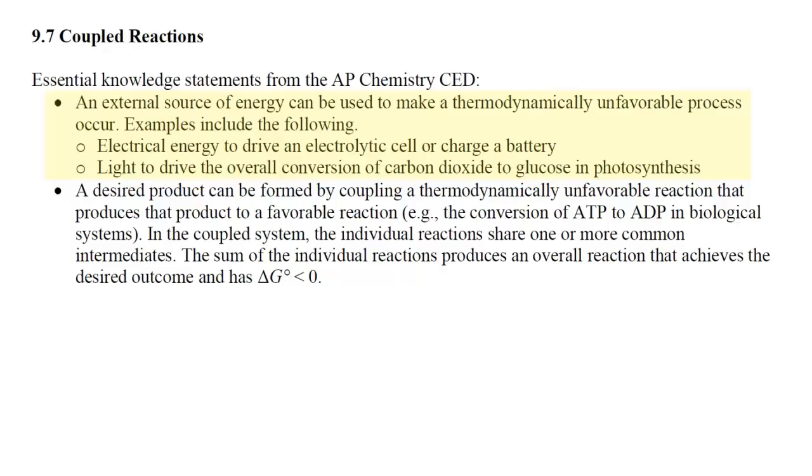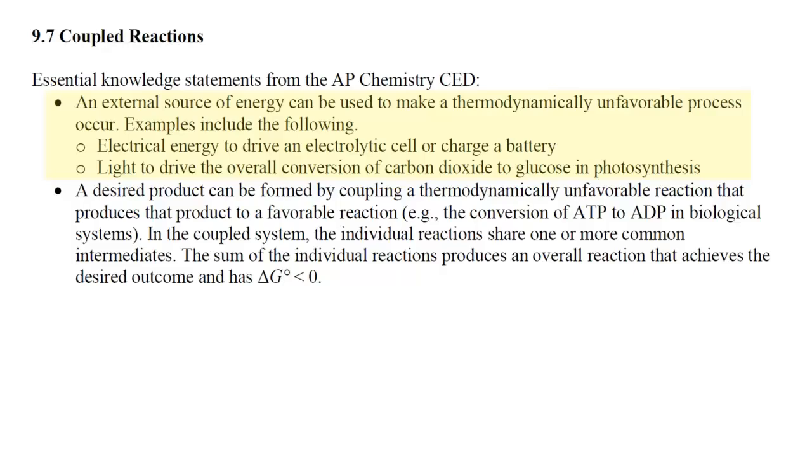Examples include the following: using electrical energy to drive an electrolytic cell or charge a battery, or using light to drive the overall conversion of carbon dioxide to glucose in photosynthesis. Now, the next essential knowledge statement involves combining 2 different chemical reactions together, and that process is known as coupling, or a coupled system, so coupled reactions.